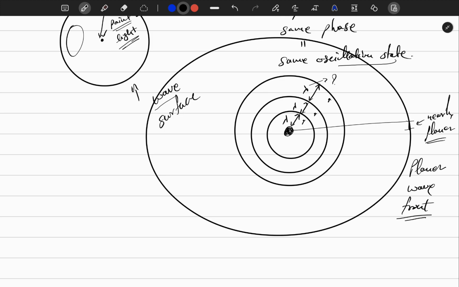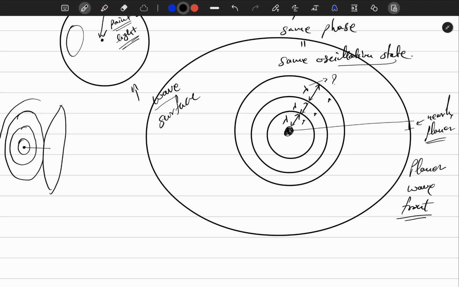If a point source of light is placed at the primary focus of a convex lens, if this is a convex lens and this is the focus and we put a point source there, the point source will emit spherical wavefronts.